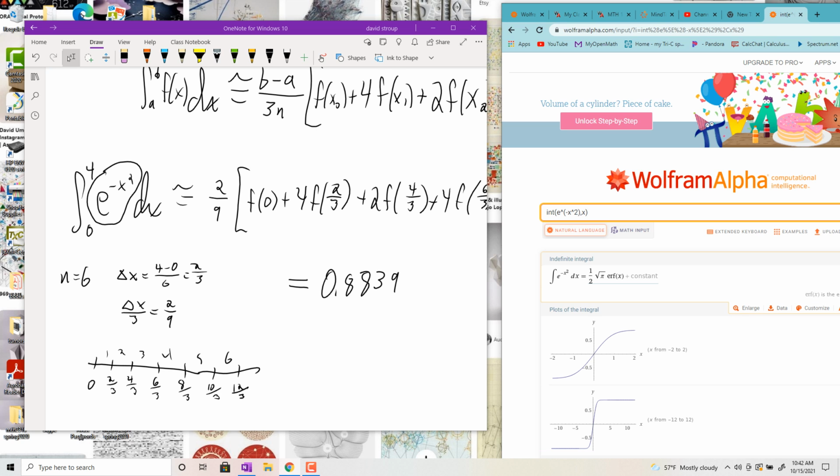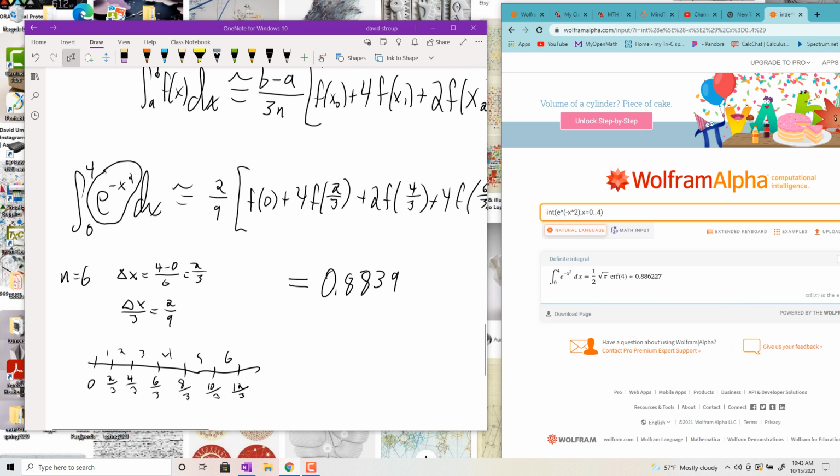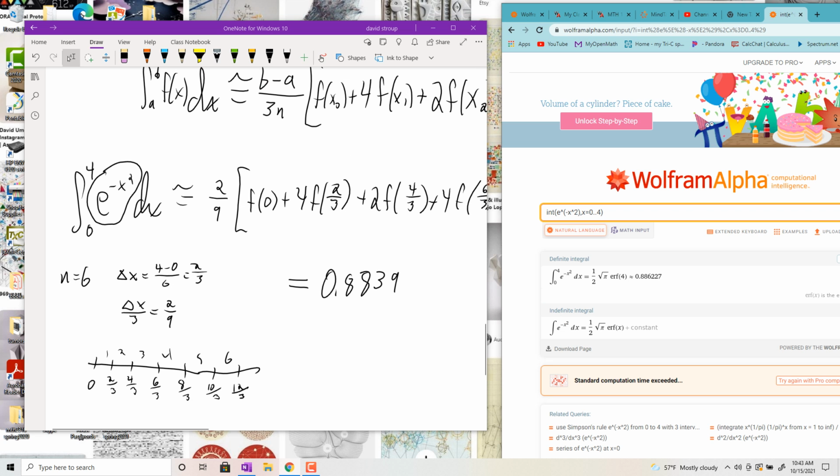If you take Calc 3, you'll be able to figure out how to get this answer. Or actually, you need complex numbers, I think, polar stuff. In Calc 3, I think you should be able to do that. But for right now, we can't do it, right? So let's figure out what the actual answer is from 0 to 4. Yeah, 0.8839, 0.8862. So we're pretty close, and hopefully that convinces you that we kind of need these other methods because we're not going to be able to integrate things like this.